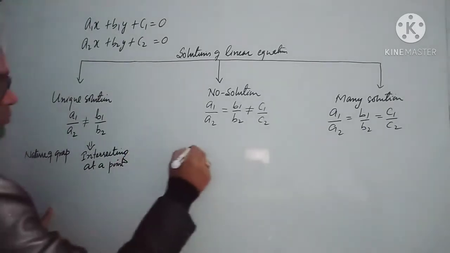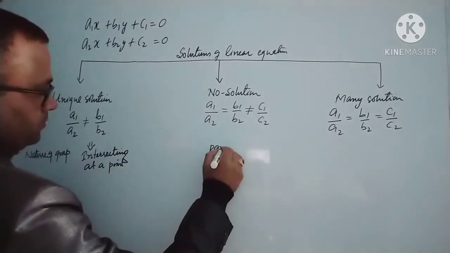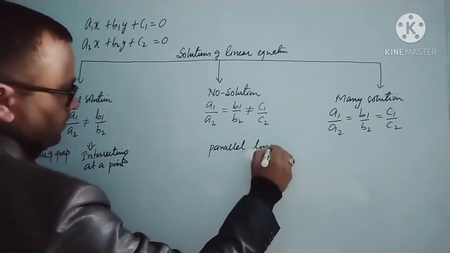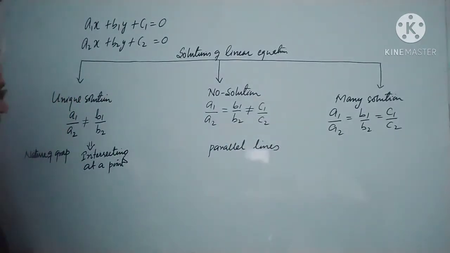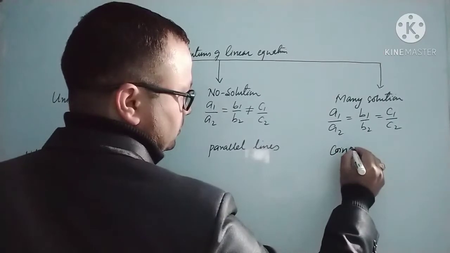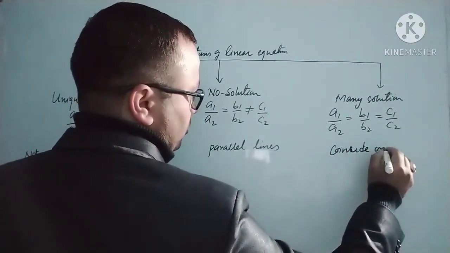In case of no solution, the graph will be parallel lines. In case of many solutions, the lines coincide or overlap.